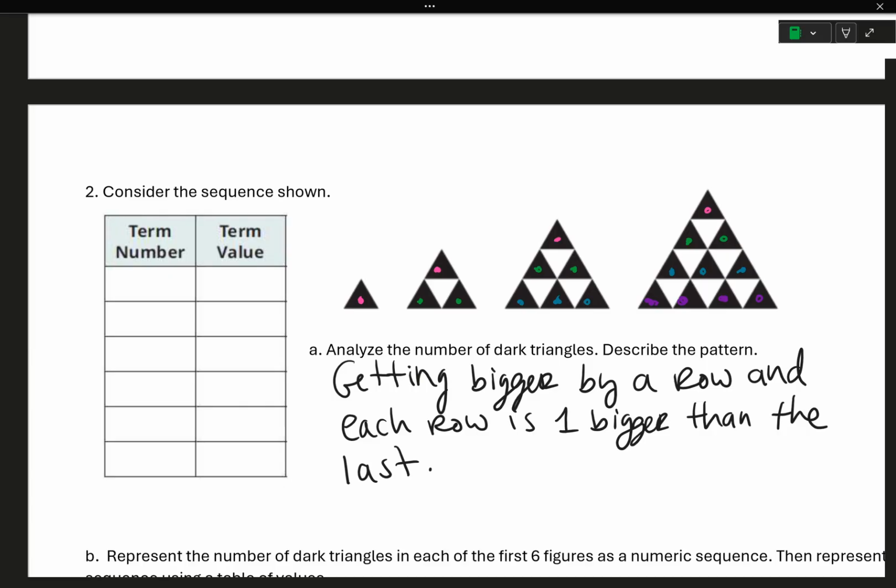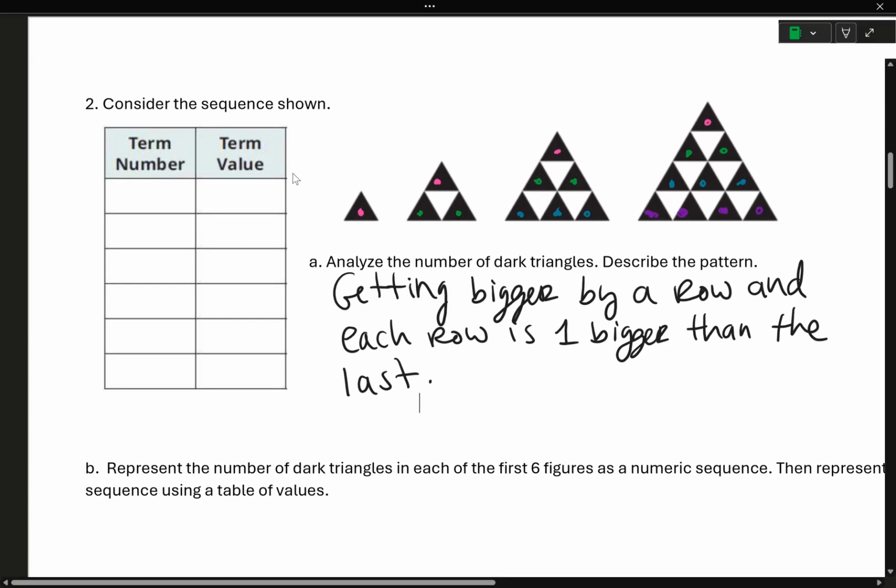Next, let's represent the number of dark triangles in each of the first 6 figures. So there's 2 we haven't drawn. We're going to have to think of the pattern. And then after we write it as a sequence, we'll put it into a table. Okay. The first image has a row of 1. So that's 1 triangle.